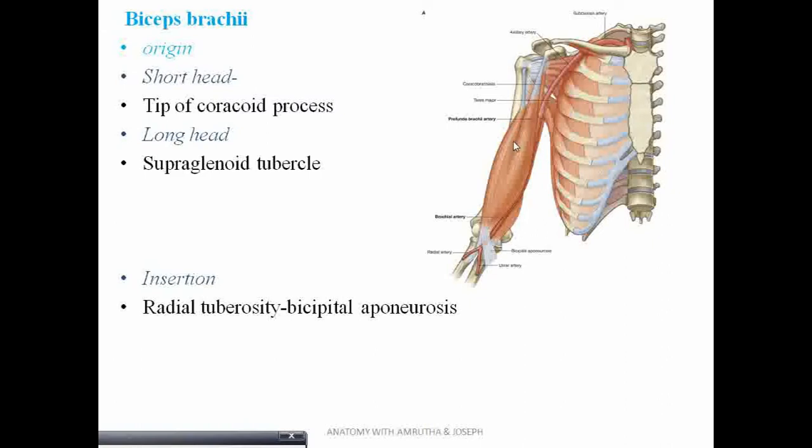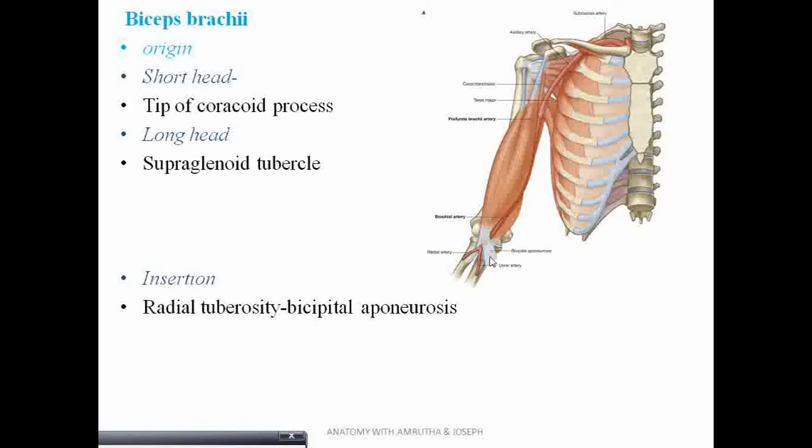Now both of these heads unite and form the belly of the muscle, which is inserted to the radial tuberosity of the radius, and while inserting, the bicipital aponeurosis is also formed.